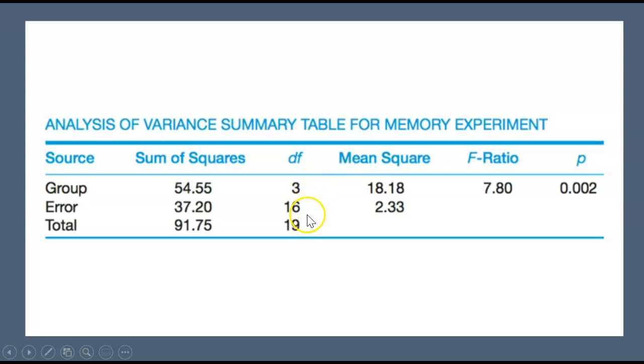You're given the degrees of freedom, which are based on your number of groups and your n. You're given the mean square values, and this is the calculated omnibus F. So the 7.0, and remember the null is 1, or the no effect, absolutely no effect is 1, and then the calculated p-value of 0.002.